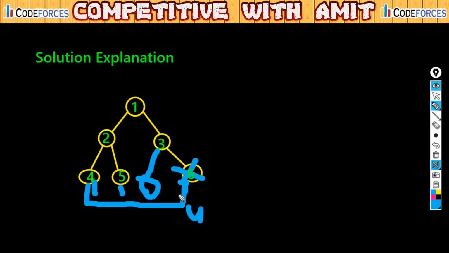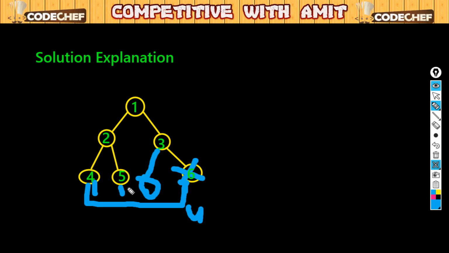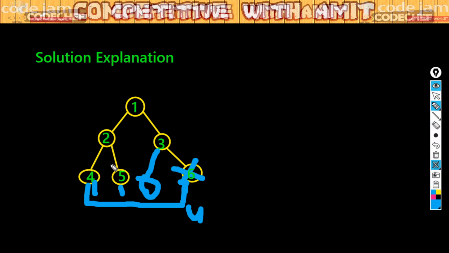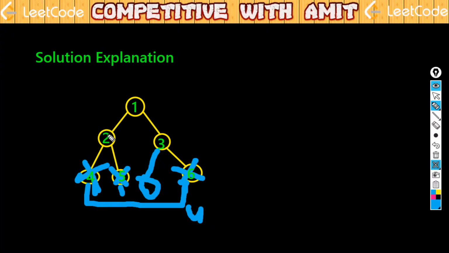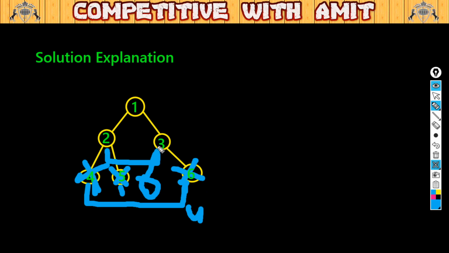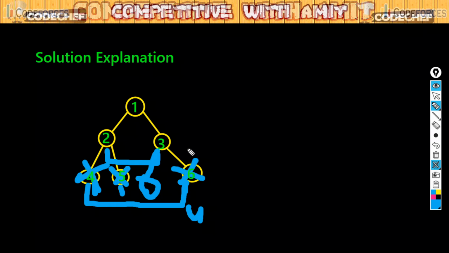Now what will be our distance? Sorry, we will not have this also and this also. What will be our distance? We consider these both as 1, the distance in these both. This is how we have to find the distance.